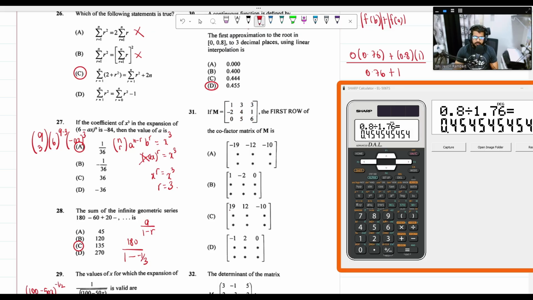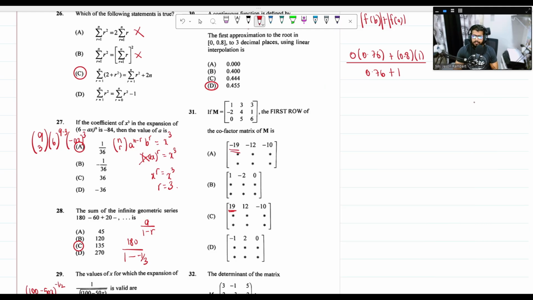So this is the only one that has 19 here. This has a negative 19, so we just have to make sure that the sign matrix lines up. And the sign matrix for the cofactors is going to be plus, minus, plus, minus, plus, minus. Everything else turns to minuses, right? So the first entry is going to maintain its positive. So the answer is going to be C.